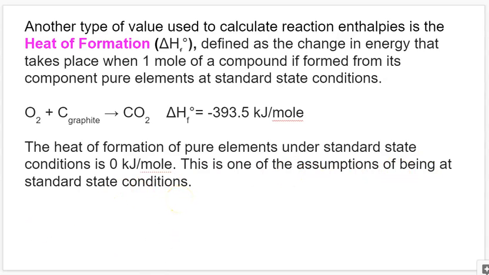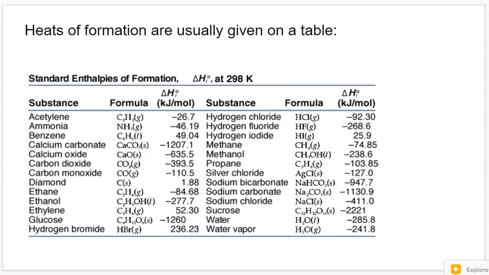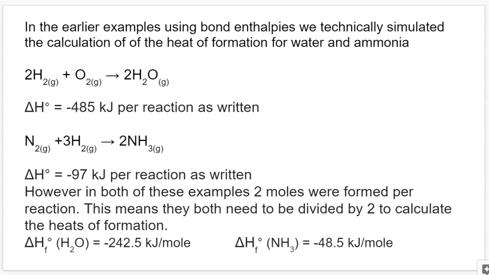All right, so heats of formation are also usually given on a table or a list. The different things will have different values associated with them. Also, please make note that like liquid water versus gaseous water, depending on the state of matter they're in, they're going to have different heats of formation. So in early examples, we used bond enthalpies to calculate the heats of reactions.